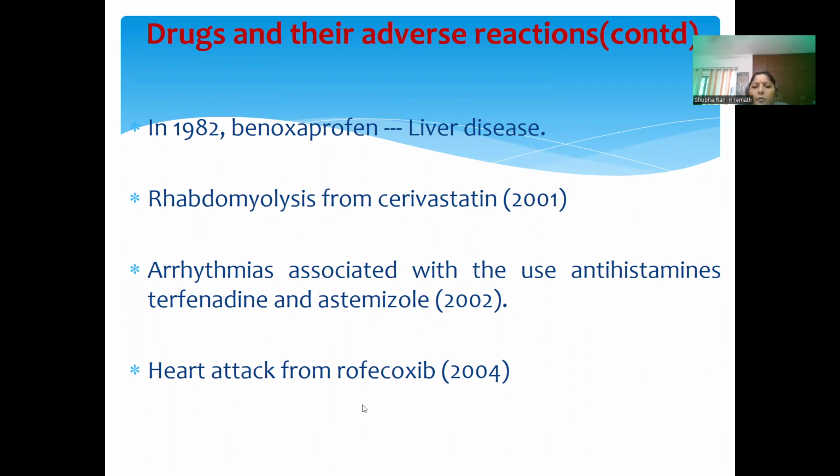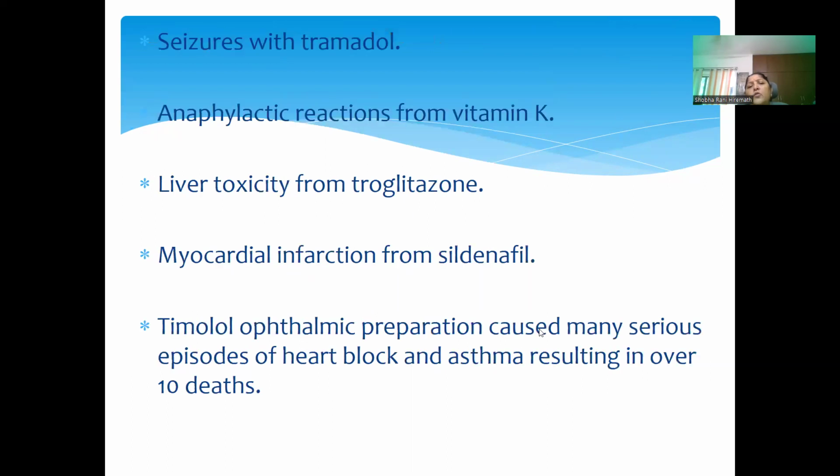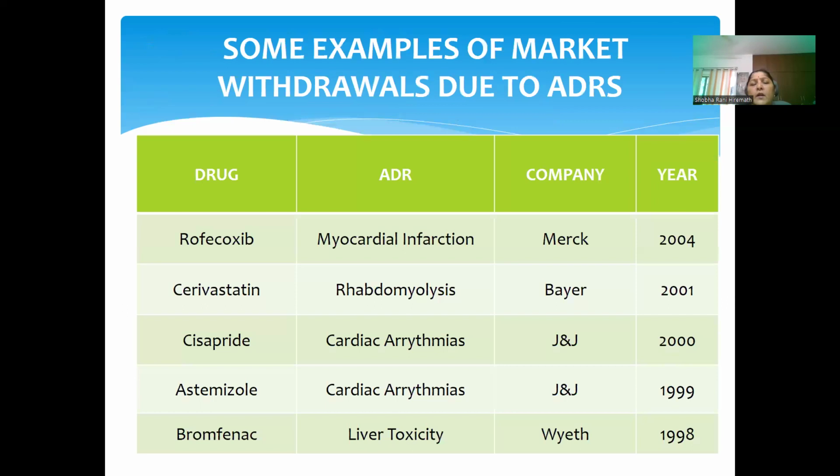And heart attacks from rofecoxib were reported in the year 2004. And many other ADRs which were reported are seizures with tramadol, anaphylactic reactions from vitamin K, liver toxicity from troglitazone, myocardial infarction from sildenafil, then timolol ophthalmic preparation caused many serious episodes of heart block and asthma, resulting in over 10 deaths.